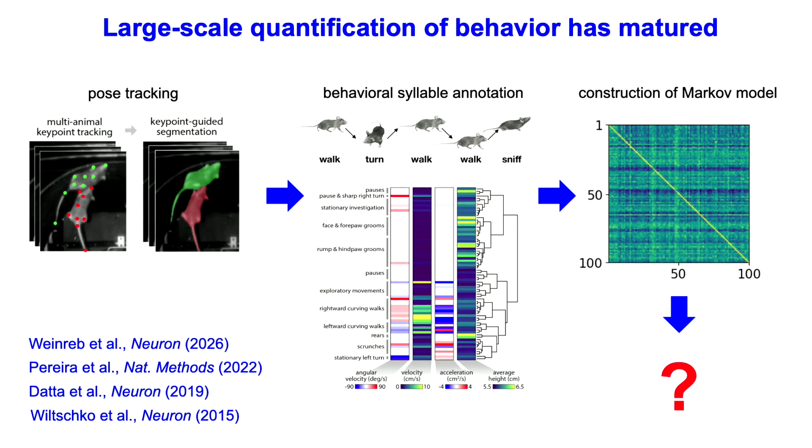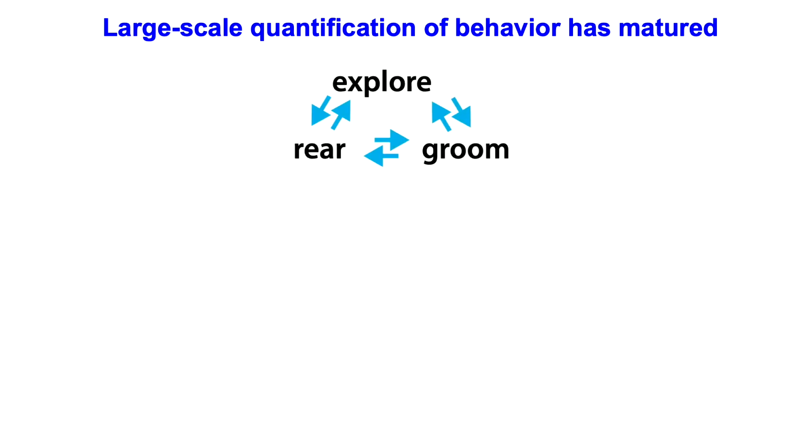What I am going to talk about is, now that we have this and it kind of works, what do we learn about behavior? I want to say briefly a little more about the kind of model you come up with. The idea is that you have different behavioral states. For example, you could have three things: explore, rear up, or groom. And you can imagine in a movie you transition between them empirically at some rate.